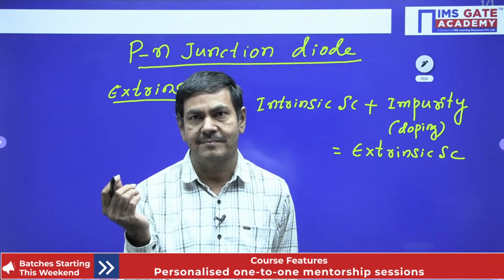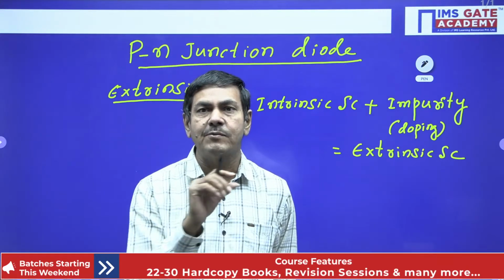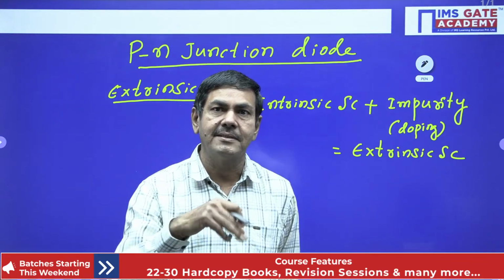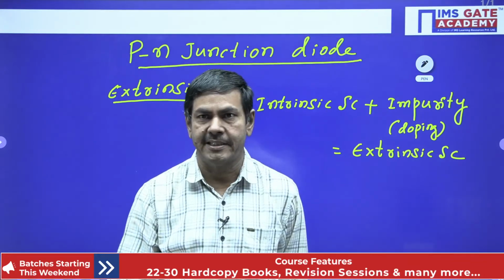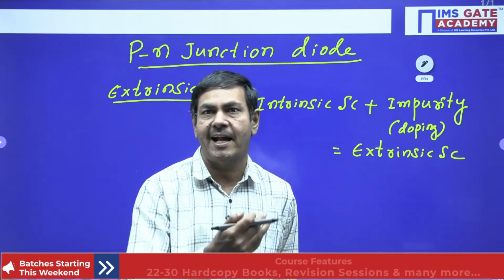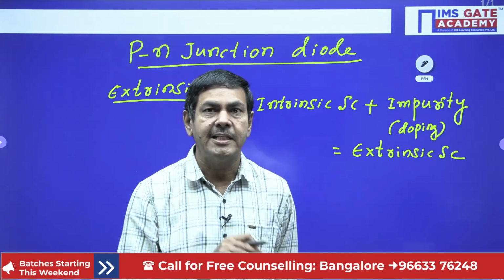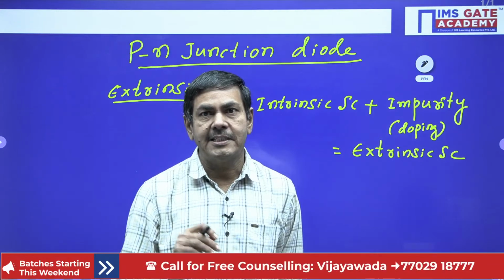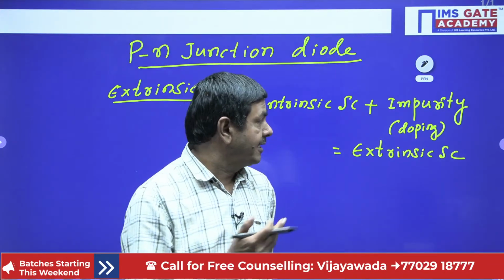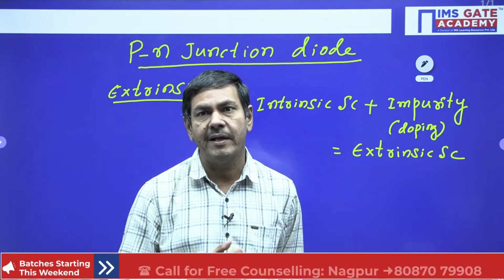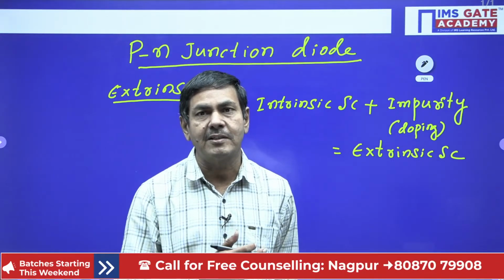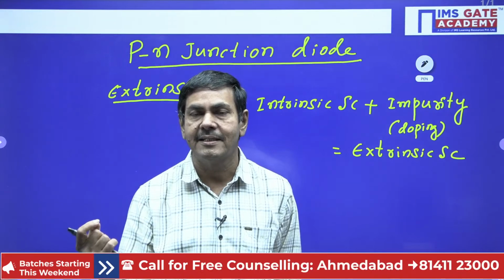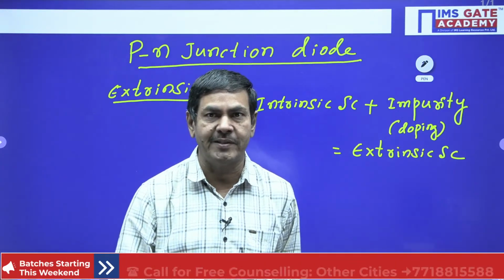But along with these intrinsic semiconductor atoms, when you add any foreign atoms, then only it is going to form the extrinsic semiconductor. The addition of that impurity we are calling a dopant. Sir, why are we adding the impurities? Just now I said, for the sake of increasing the conductivity of the material.